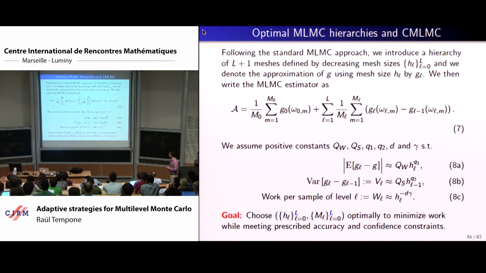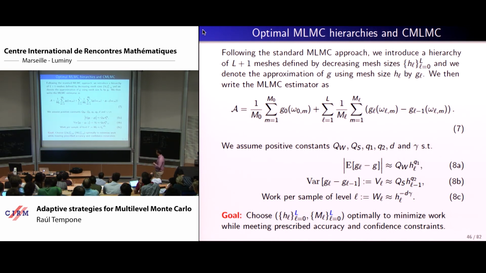We're going to take capital L plus one of those, and we are going to assume that the weak rate is algebraically convergent. The strong rate, again, is algebraically convergent, and the work per sample is algebraically divergent, as in the linear PDE that we had before. And then what we have to find are not just the M's, but also the h's. Okay? Is that clear?